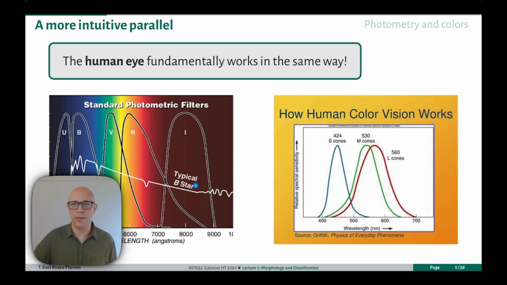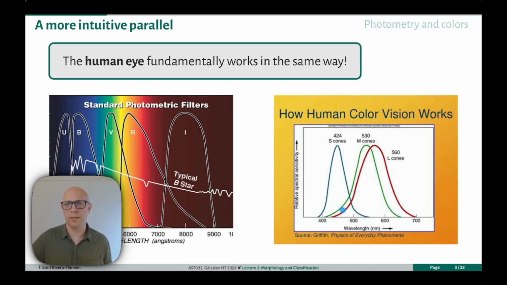And to the right, you can see similar curves, not for photometric filters, but for the color-sensitive light receptor cells in the human eye. You can see there are 3 different of these cone cells, and you can see their sensitivity curves as they have been measured. And you can see that they look quite similar to the filters that we see on the left side, right?